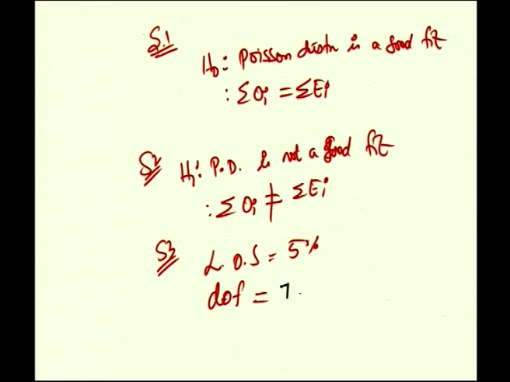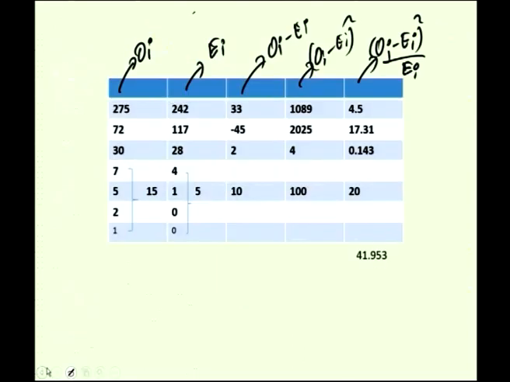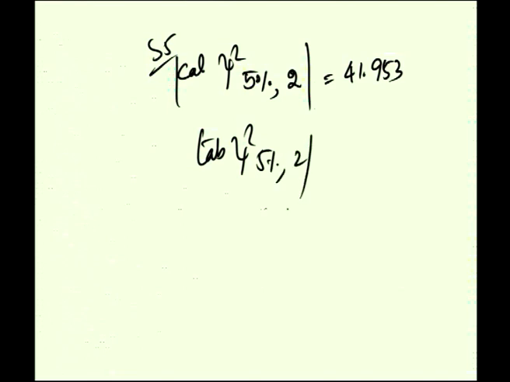We are in step 5, calculated chi-square at 5%, with degrees of freedom: the number of categories is here 7, minus 1. One degree of freedom is lost due to calculation of lambda, another degree of freedom is lost due to calculation of EI, and then 3 degrees of freedom are lost due to pooling. Okay. So, 2 degrees of freedom. The calculated value is 41.953, whereas the tabulated chi-square at 5% with 2 degrees of freedom is 5.99.